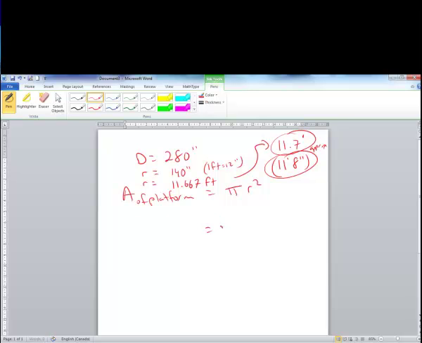So the area is going to be pi times 11.7 feet squared, which equals about 430 feet squared. Okay. So we're looking at about a 430 square foot platform for this one SUV.